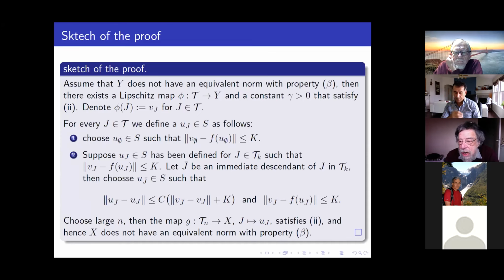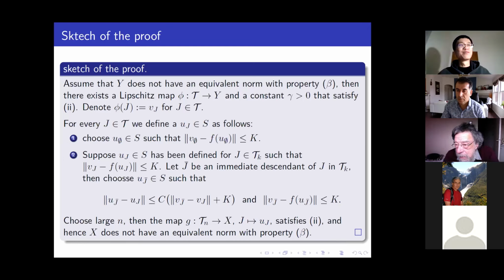That is, is the Szlenk index omega 0 for the space itself in the reflexive case stable under coarse Lipschitz embedding? I don't know this problem. I think it's open, right? I don't know. Okay, it's an exciting question.